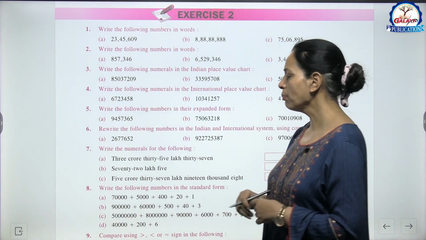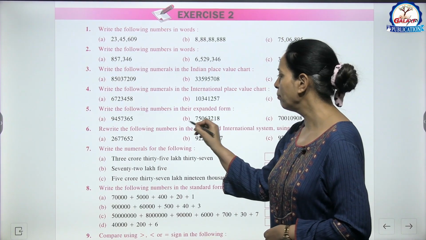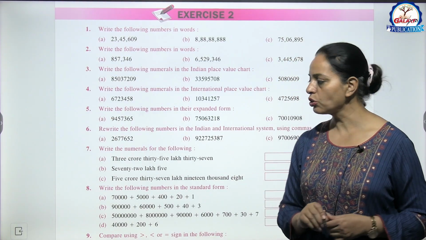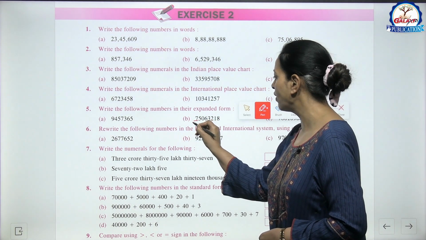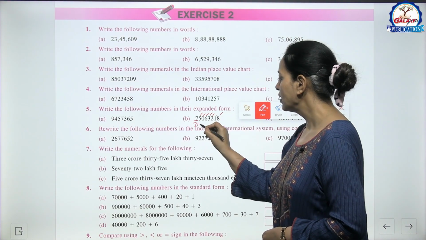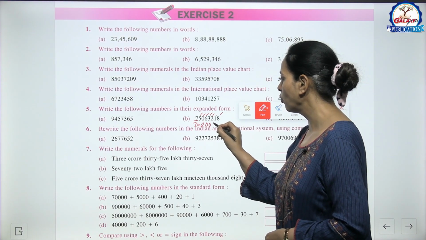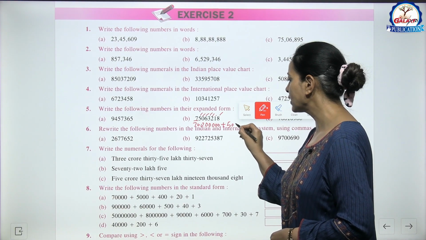Okay. See question number 5. Write the following numbers in their expanded form. Like B part here. So what to do? So how can we write it? First digit is 7. Then 1, 2, 3, 4, 5, 6, 7 zeros. 3, 4, 5, 6, 7. Plus 5. Then 6 zeros.